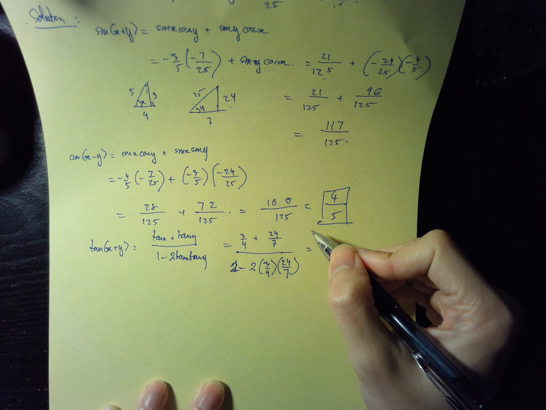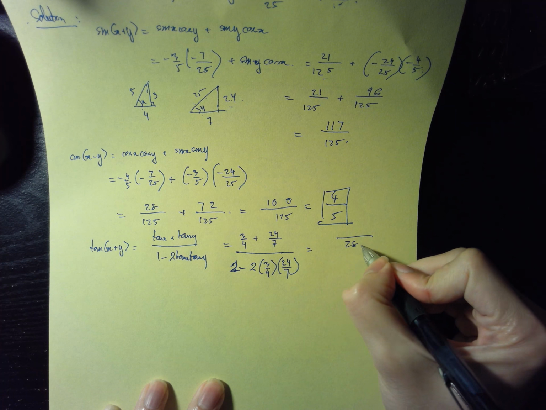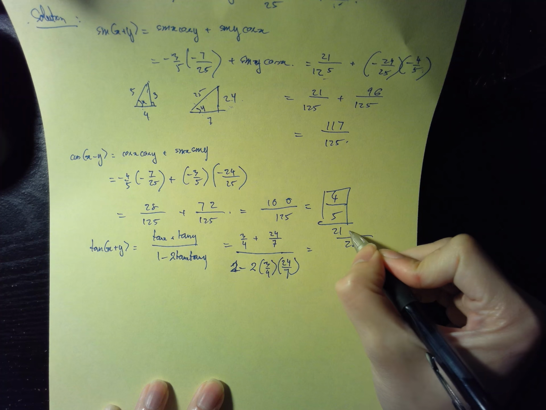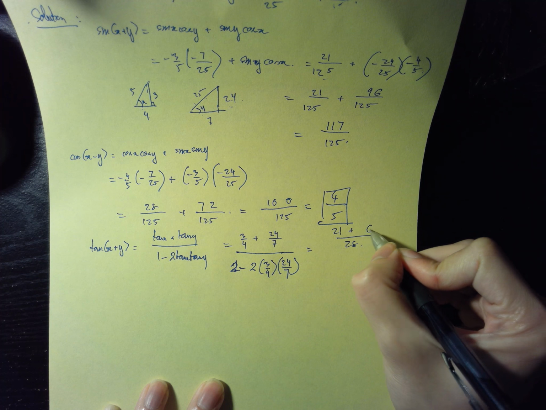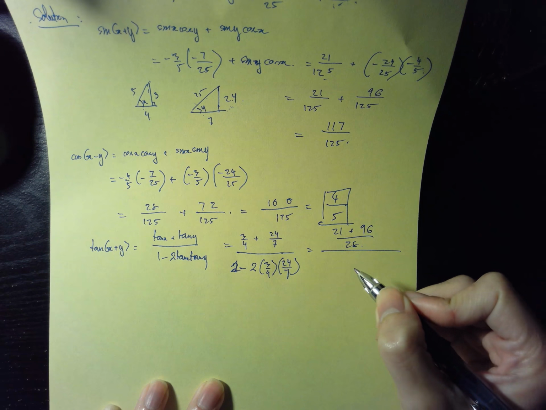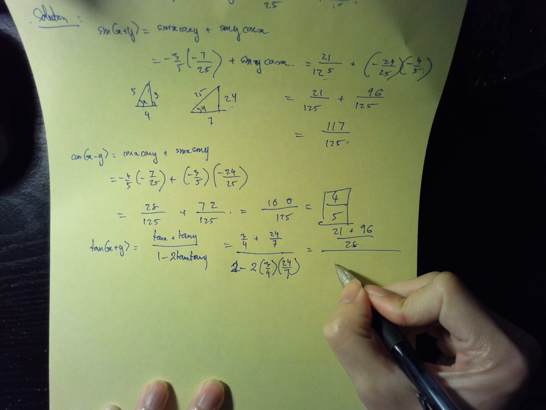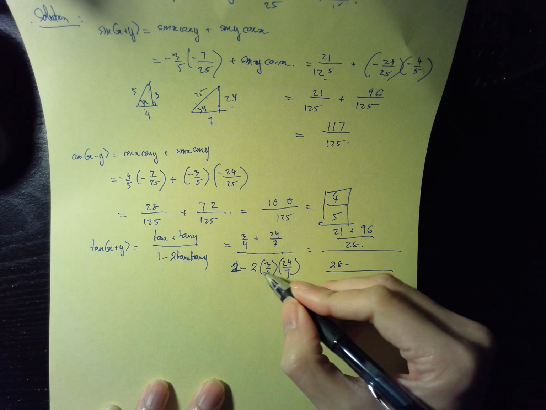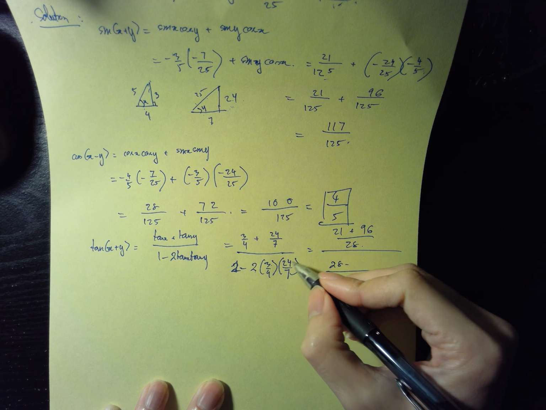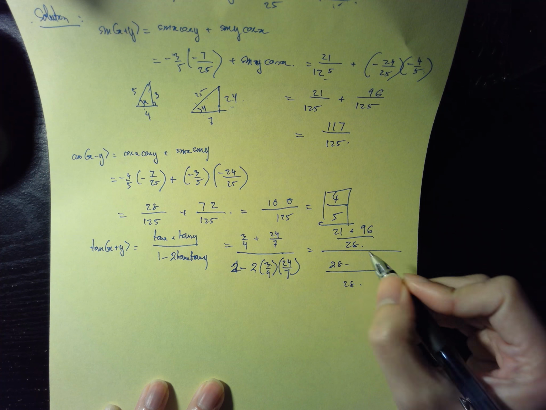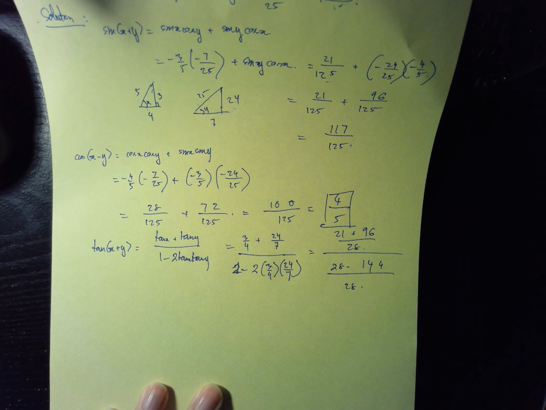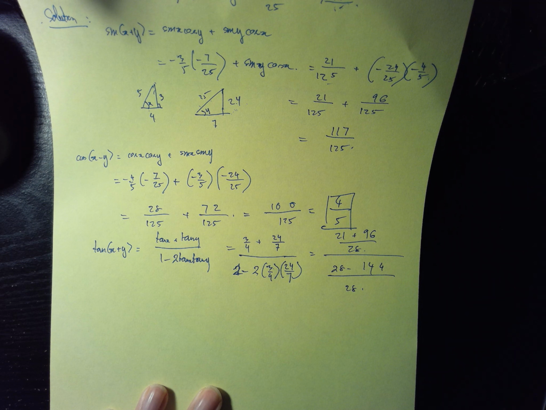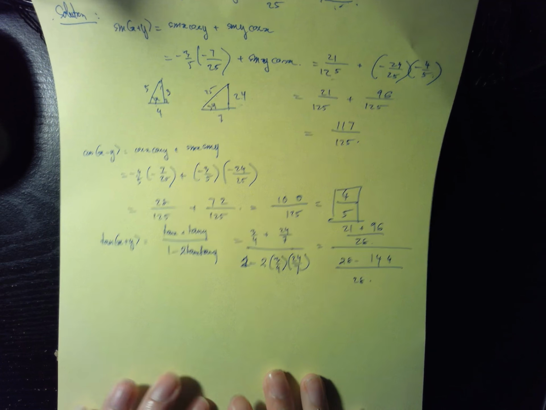So you will have 28 down here, 21 up here, 96 over here. Then you will have 28 minus 96 down here. 2 times 3 is 6, 6 times 24, 6 times 4 is 24, 6 times 2 is 12, add 2 is 144, right?